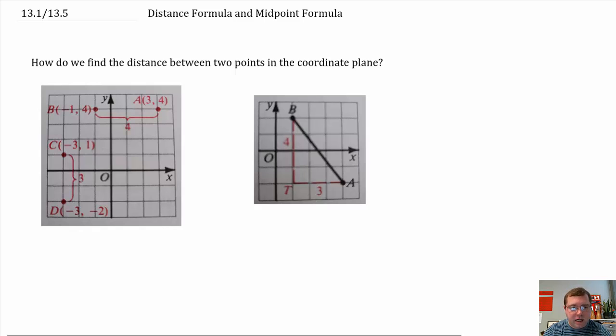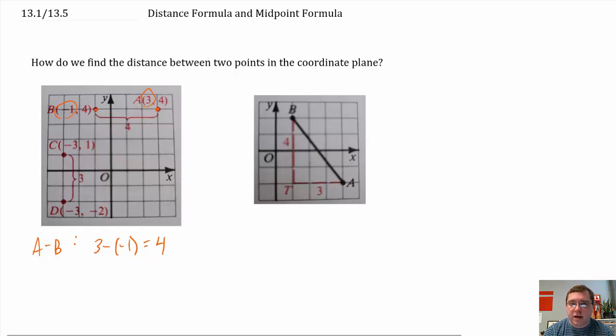So first, the distance. How do we find the distance between 2 points in the coordinate plane? Well, if they are both on the same horizontal line, then to find their distance you can count from one to the other, or you can subtract their x-coordinates. 3 minus -1 gives you a positive 4, and that's the distance from A to B, because they're on the same horizontal line.